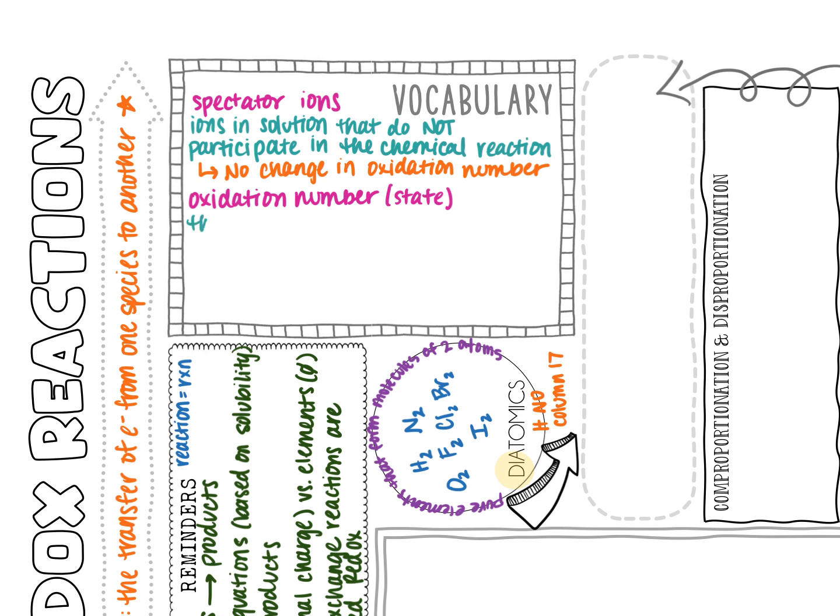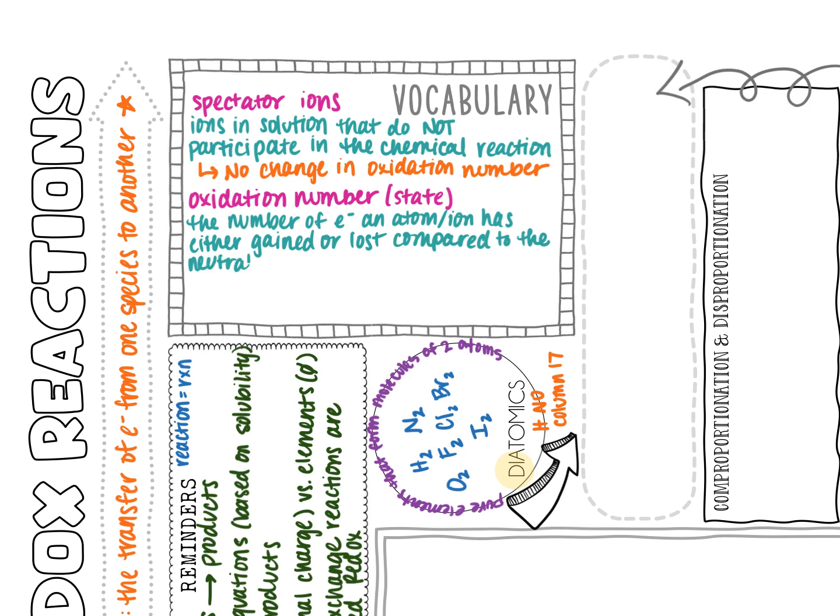This is the number of electrons an atom or ion has either gained or lost compared to the neutral atom, also known as the charge.